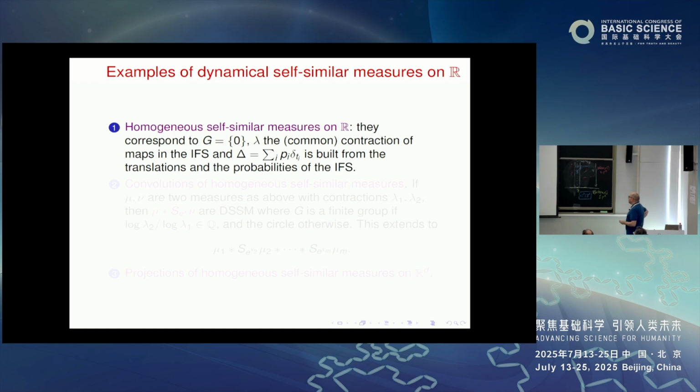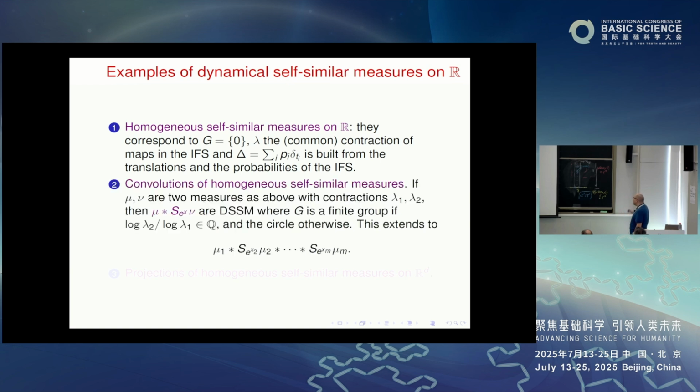Okay, so let's quickly go over some examples. In the case where the dynamics is trivial, we get the homogeneous self-similar measures I mentioned before. Then I explained in an example that if I convolve one homogeneous self-similar measure, such as the middle third Cantor measure, and a scaled copy of another one, such as the middle 1/4 Cantor measure, we get something which is dynamical self-similar, where the group is just the circle, and we can generalize this to convolutions of finitely many measures, and you get tori of higher dimension in this case.